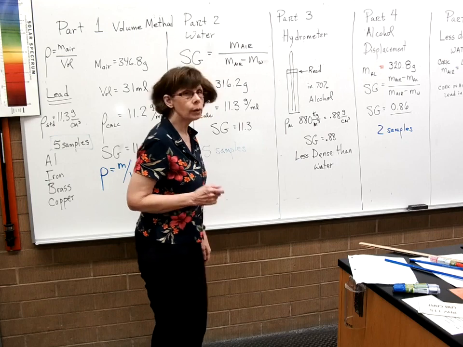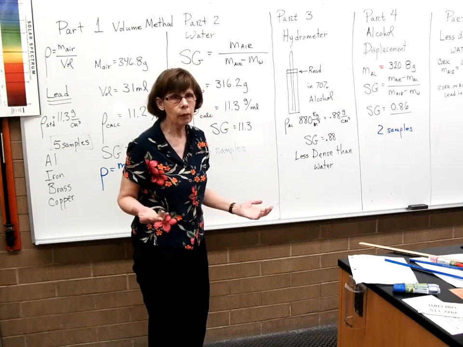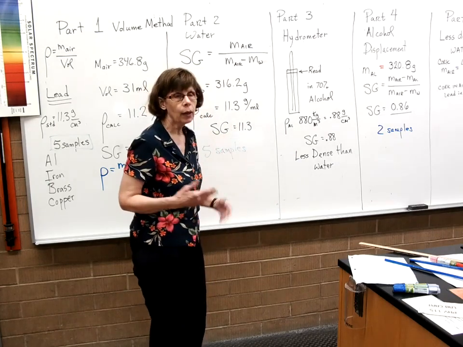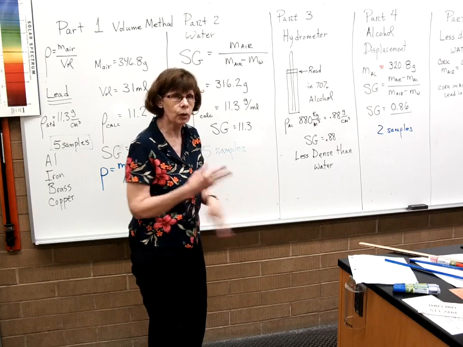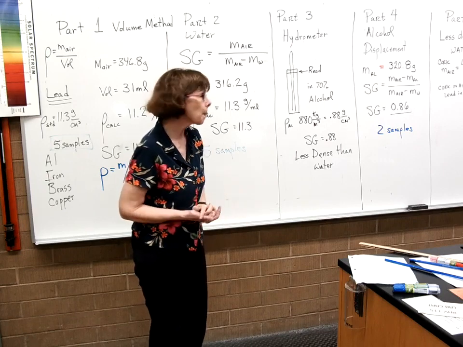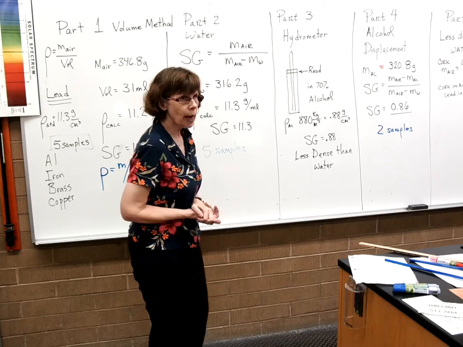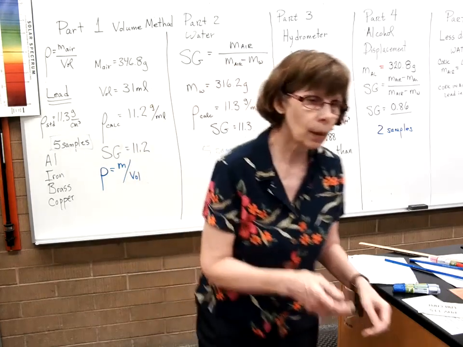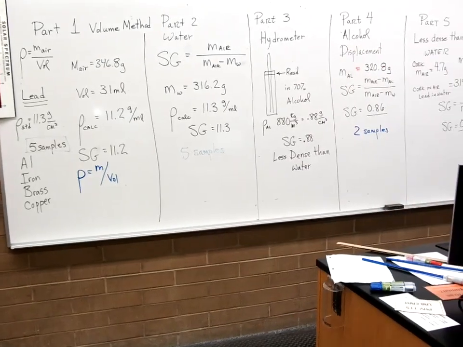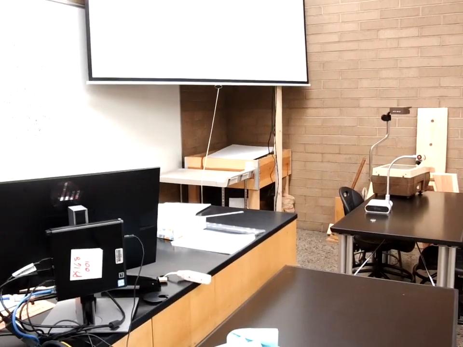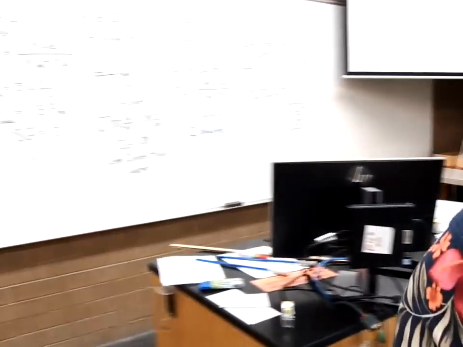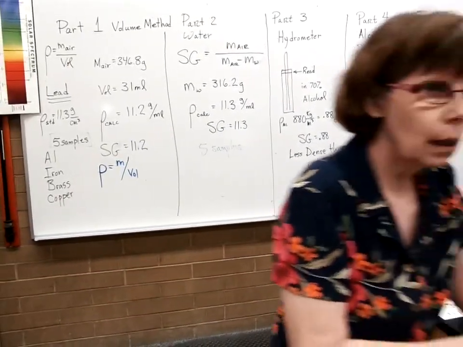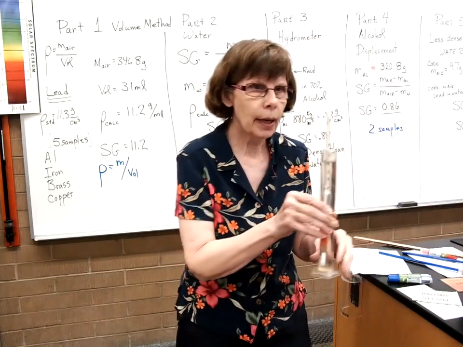Now, we want to move to measuring the density of a liquid. You can't do it this way because most liquids are miscible, which means they'll mix with the water. So what we did is we had a hydrometer that you saw. I'll bring it up over here again. This is the hydrometer.